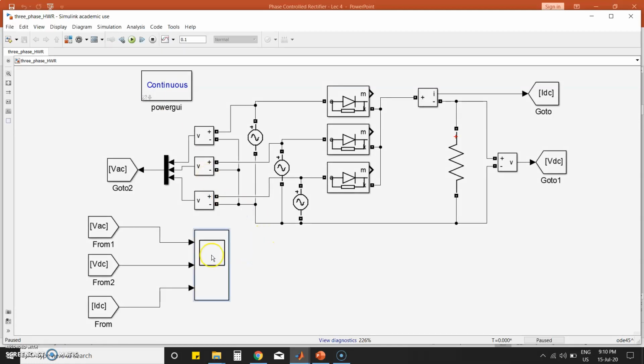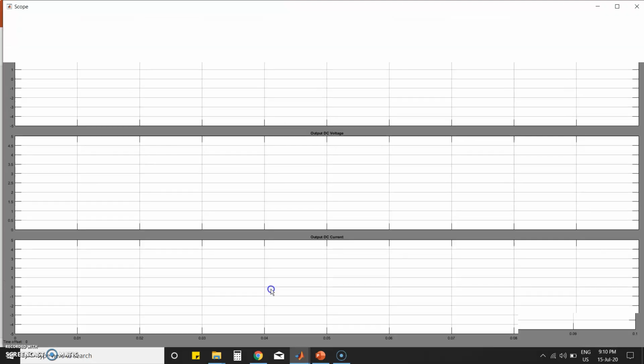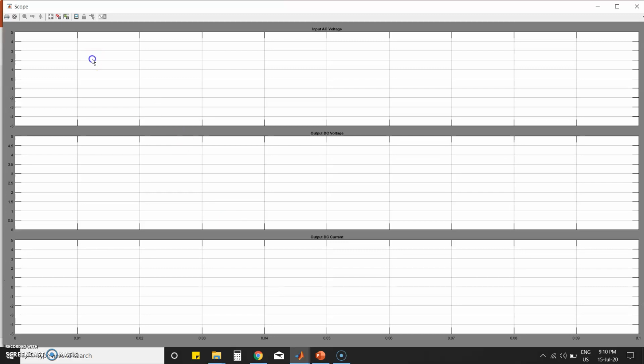Here we are going to see our output waveform.